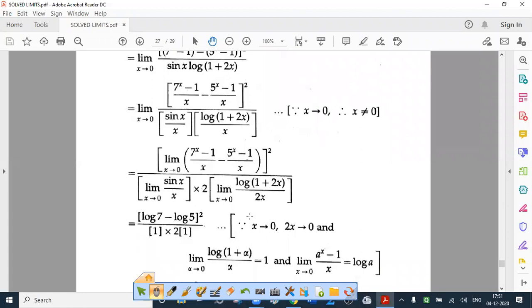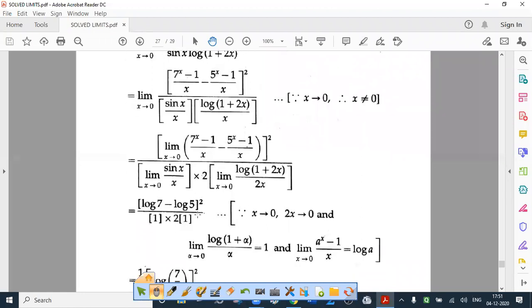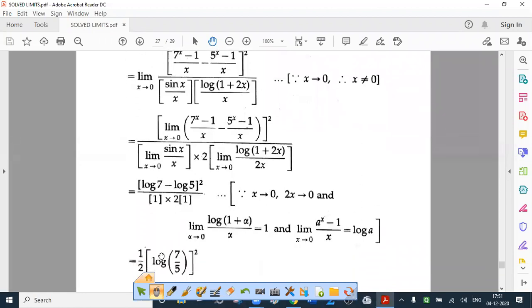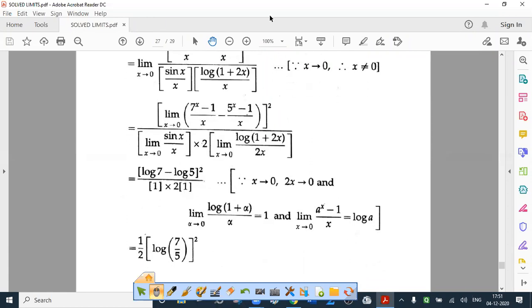So this is half into the square of log of 7 by 5, because log m minus log n is log of m upon n. See, they have mentioned this: limit as alpha tends to 0 of log of 1 plus, it is better if they say m alpha, because the coefficient of alpha, or in this case x, is not 1. If it is m, it must be repeated, right? So this is the final answer.